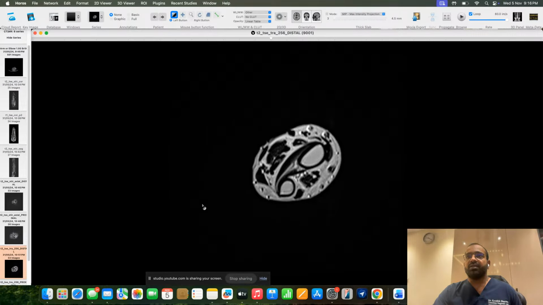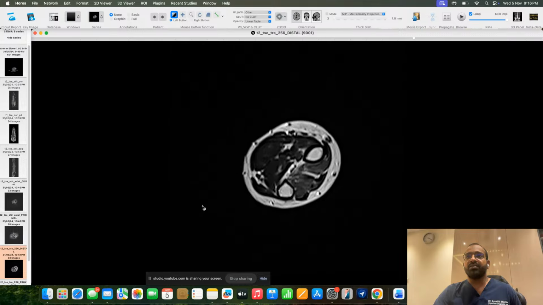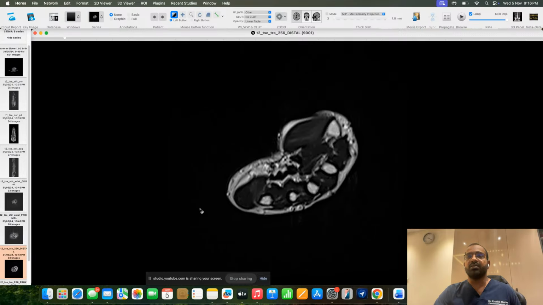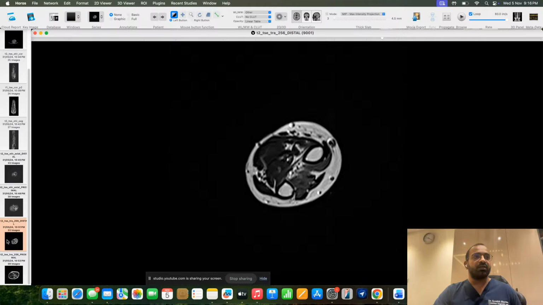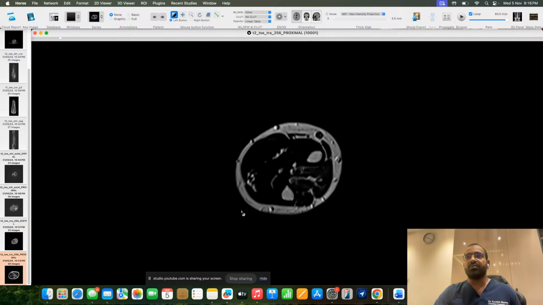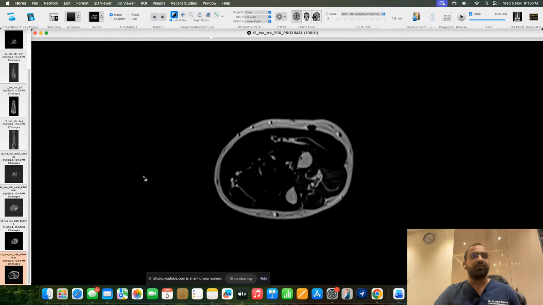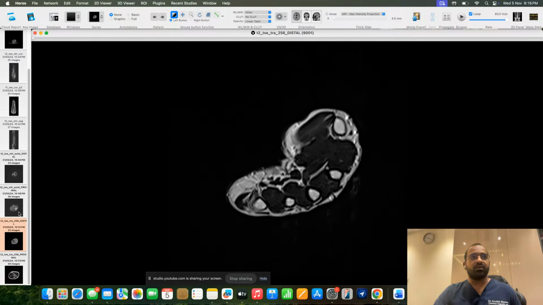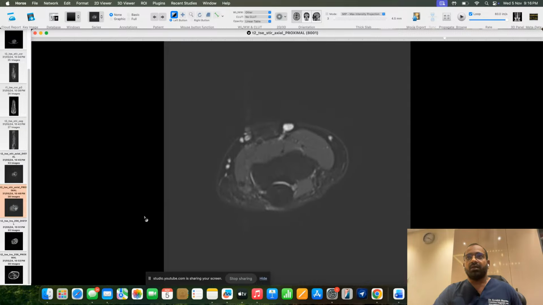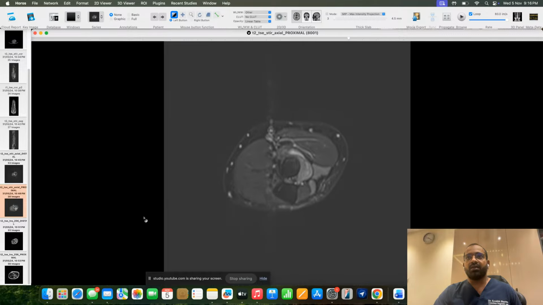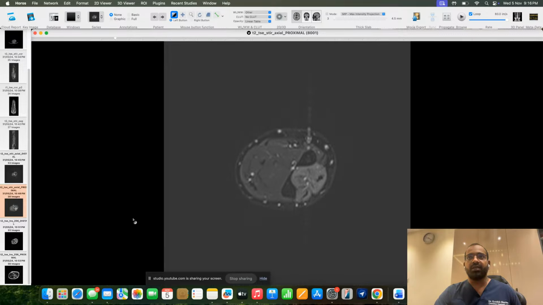If you see, I'm scrolling through the images. You can see the images before discussion. These are the T2 weighted images that I'm showing you. Then this is the STIR axial. Are we noticing anything, and what is happening here?